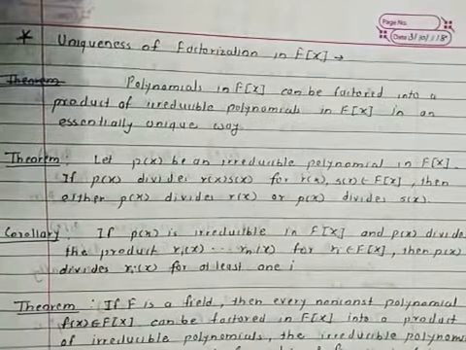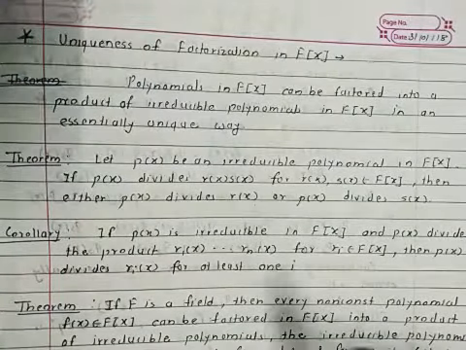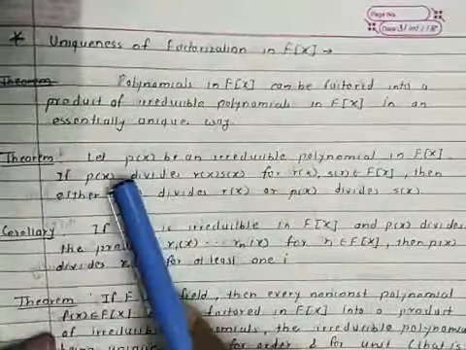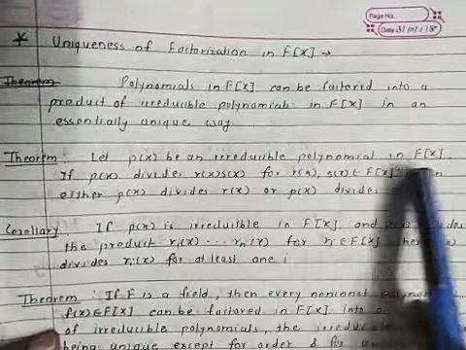Next and last topic of this chapter is uniqueness of factorization in F[x]. So the theorem is: let p(x) be an irreducible polynomial in F[x].